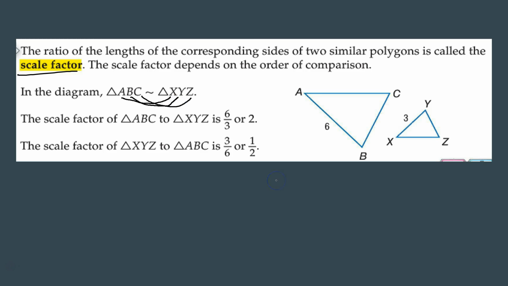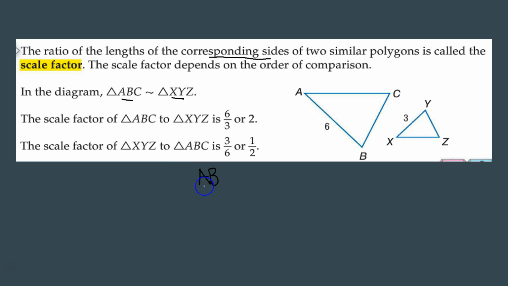So with that, let's check out what we have. Remember, for scale factor, we want to see if we have corresponding sides of our similar polygon. Like we talked about, the order does matter. So what we have here is the length of AB, and X and Y are what we're comparing it to.